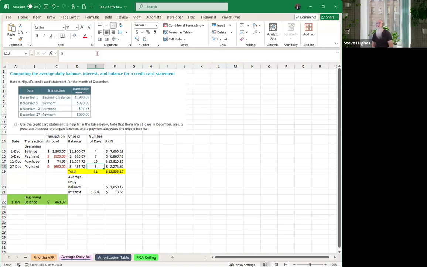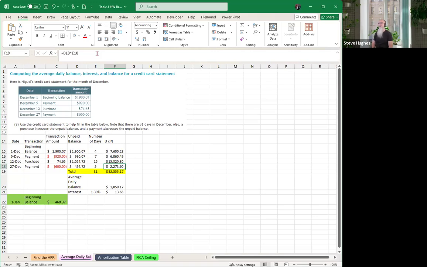So use whatever counting you have to use, including your fingers. 27, 28, 29, 30, 31, 5 days. Okay, and you got it. And then we do the U times N again, and that is our sum total of the number of days times the unpaid balance.